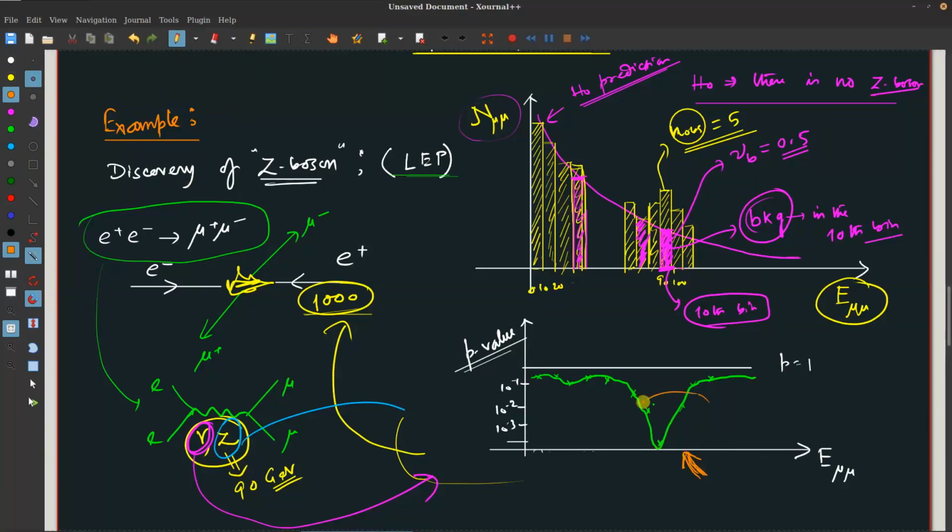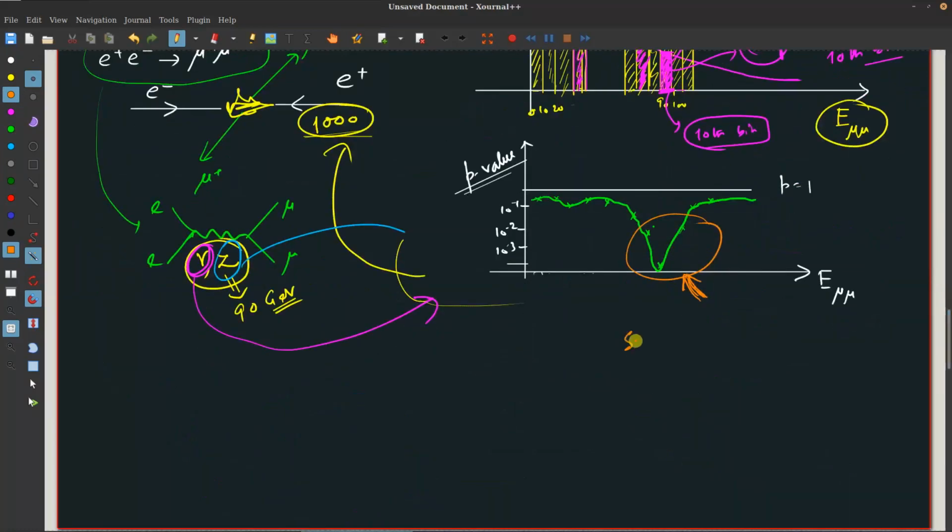So in this particular region, from this p-value plot, something new is happening that cannot be explained from a background only hypothesis.